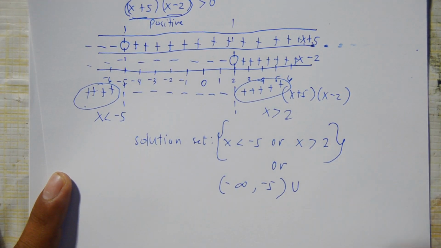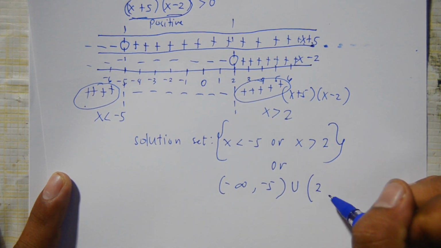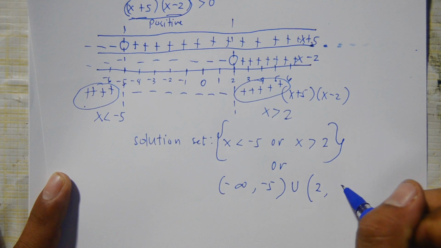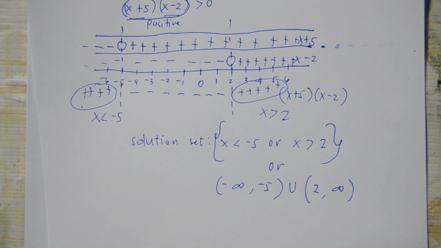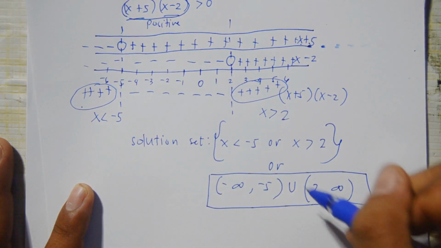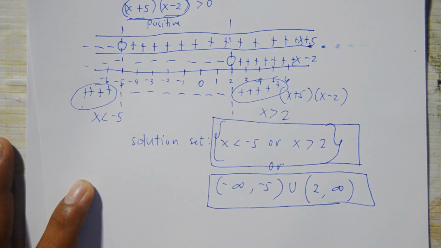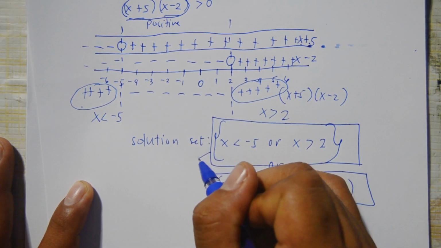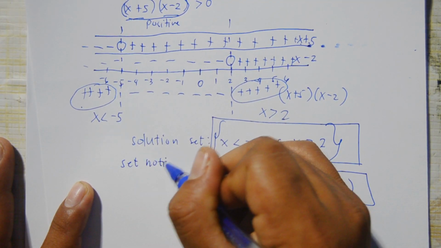Union, the symbol of or is union. Then open parentheses, x greater than 2, that's 2 comma to positive infinity, close parentheses.